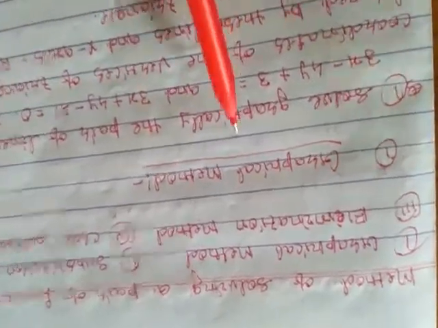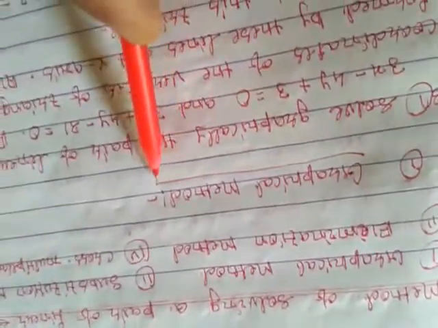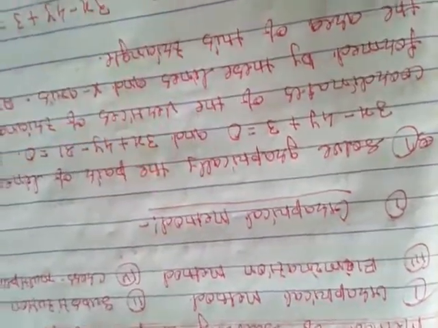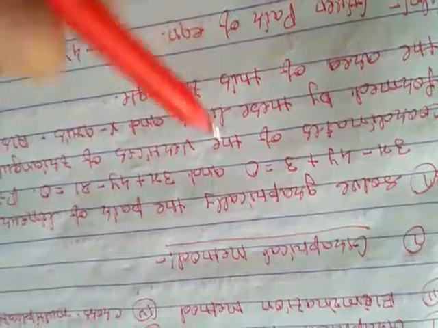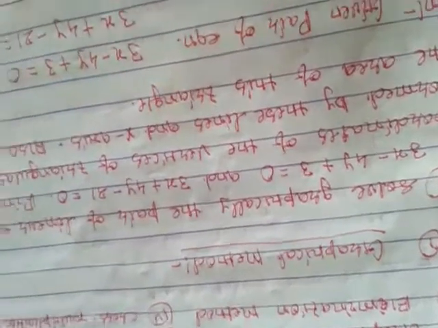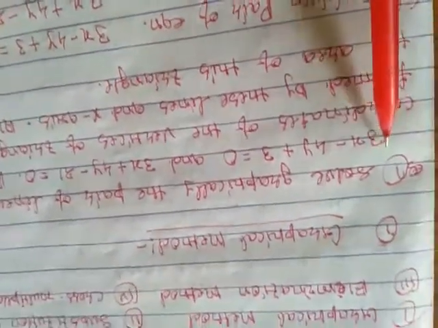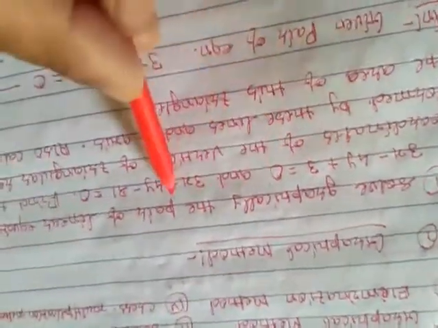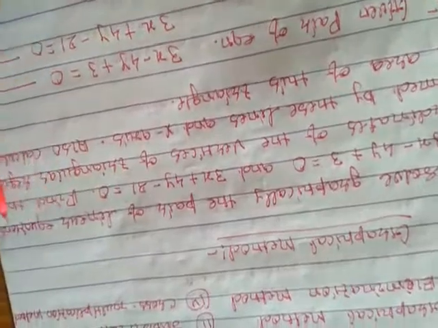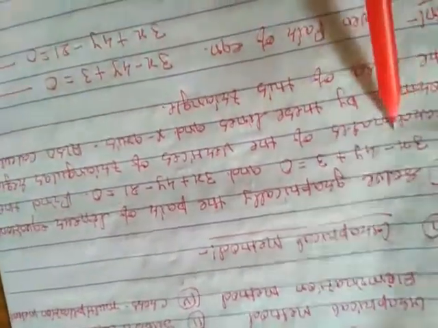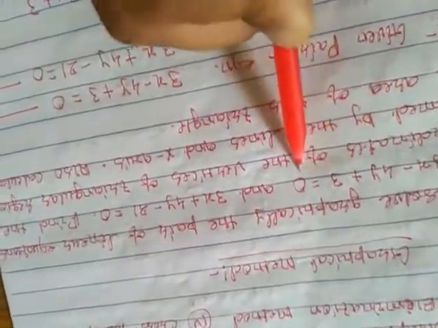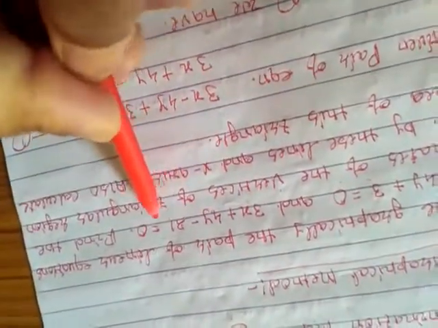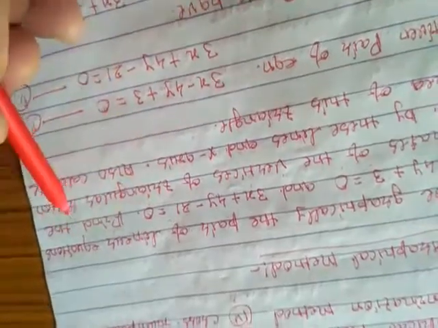So students, here I am going to discuss the graphical method in detail by taking an example. We will discuss this method by solving an example based on it. The question is: solve graphically the pair of linear equations 3x minus 4y plus 3 equals 0 and 3x plus 4y minus 21 equals 0.